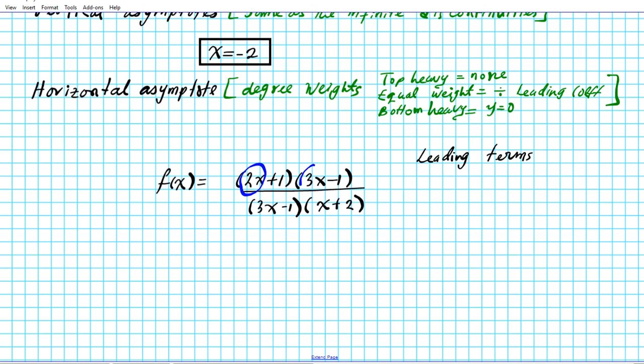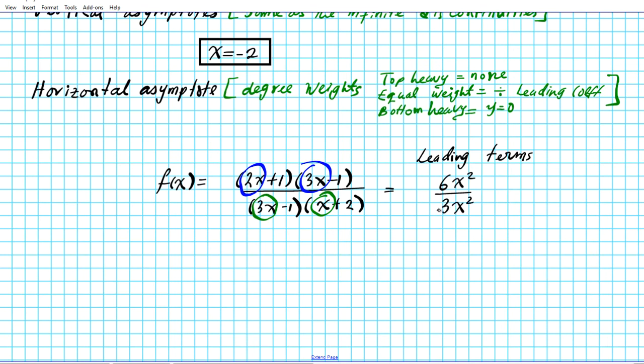So you multiply 2x by 3x. That yields 6x squared. That's the leading term of the numerator. Follow the same procedure for the denominator. 3x has a bigger degree in this factor. x has a bigger degree in this factor. Multiply them by each other, and we get 3x squared.